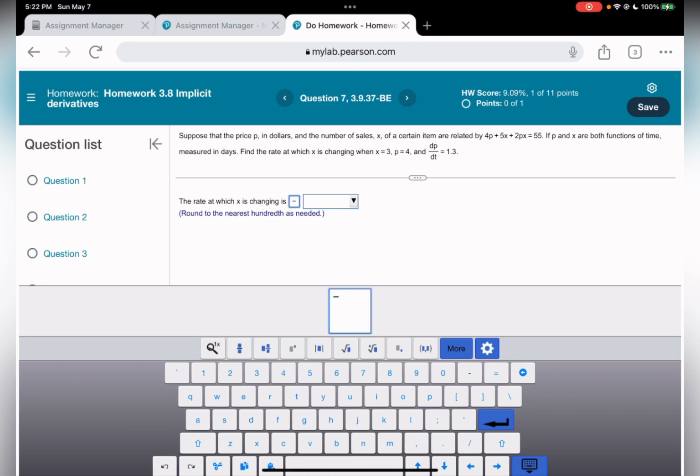Is changing by negative 1. Okay, I thought if they would be written decreasing, I would put just 1, but because it doesn't say anything, I put negative 1. I thought it's going to be cells per day.